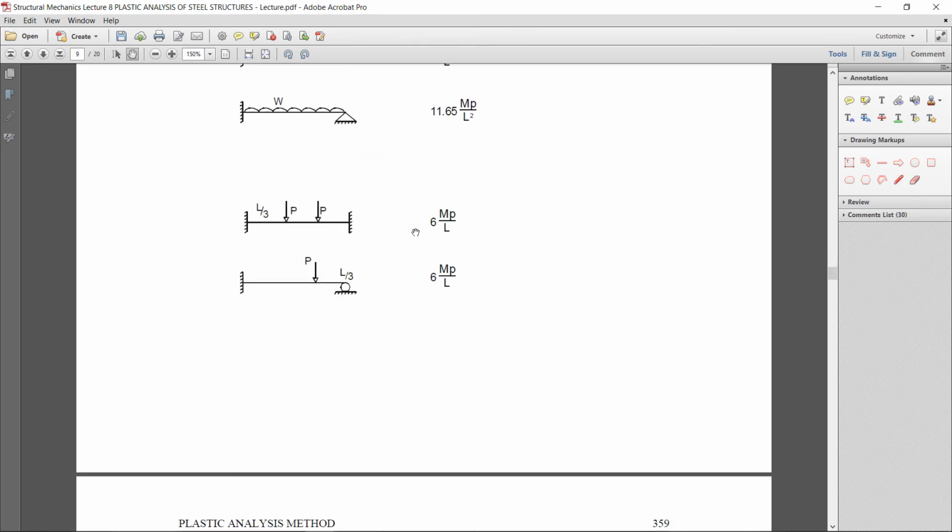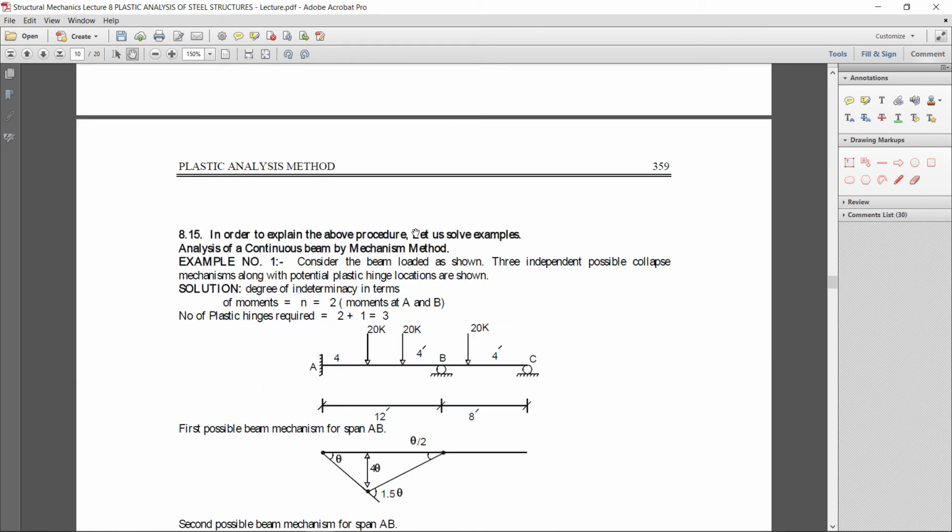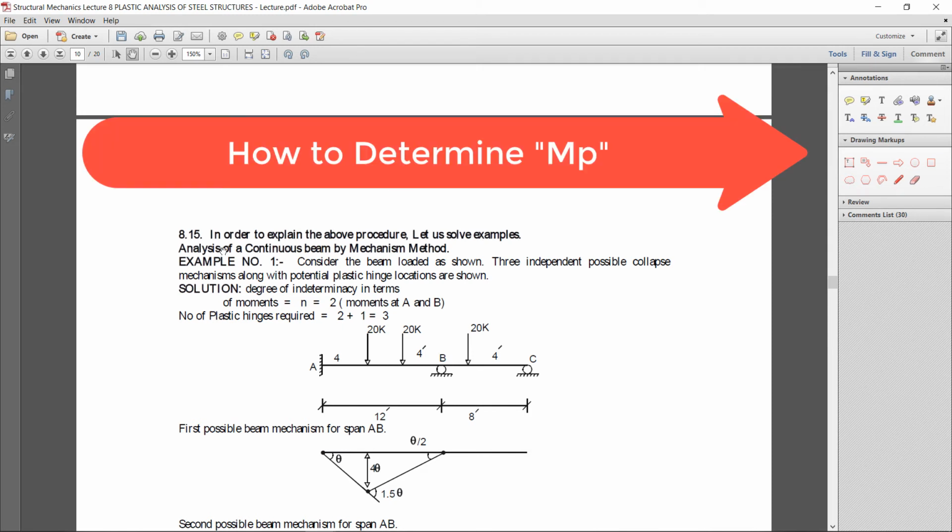Now for a good understanding with values, I will perform the plastic analysis of beams with different load values. For example, example number 1: consider the beam loaded as shown.